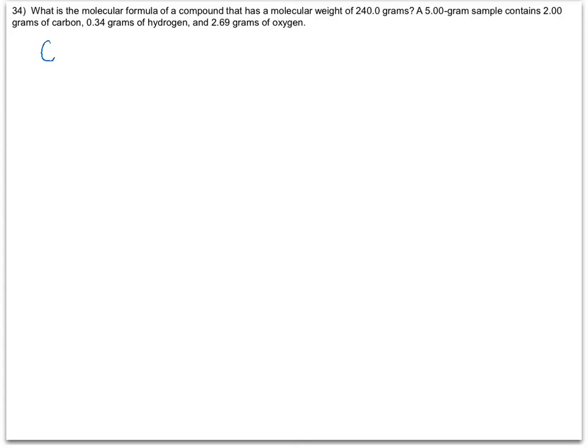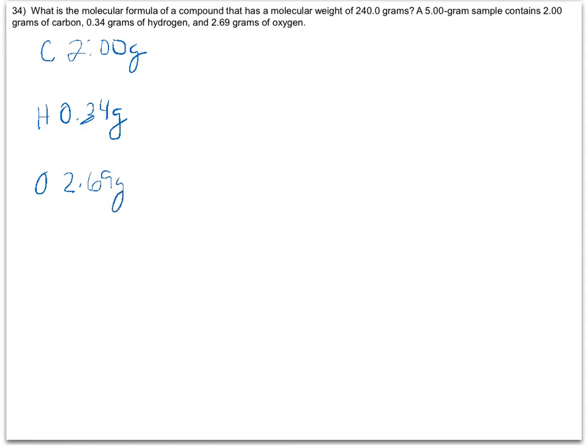So carbon, we have 2 grams, and hydrogen, and the reason why I'm spreading this out is, so, oops, not 5 grams, 2 grams. 5 grams is the whole sample. Alright, so we have 2 grams of carbon, and anyways, the reason why I'm moving this down is so that I have room to do the mass to mole part. 0.34 grams of hydrogen, and oxygen we have 2.69 grams.